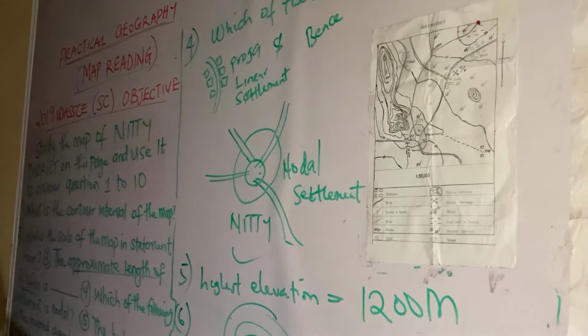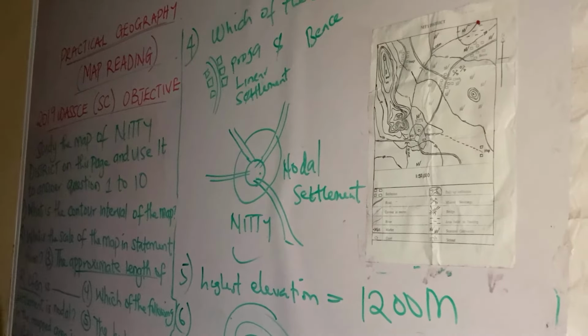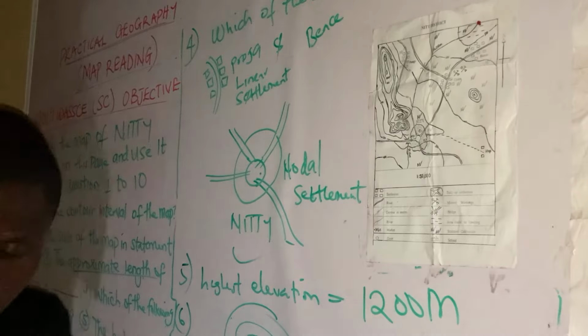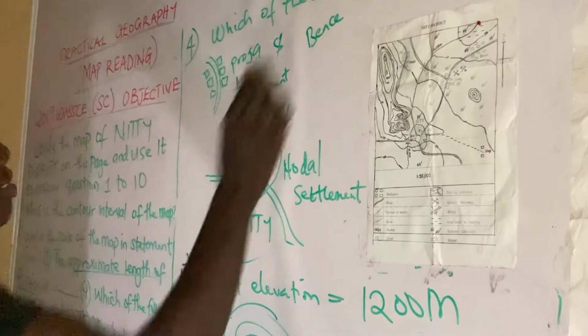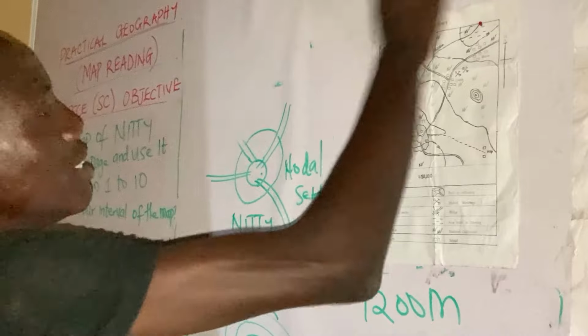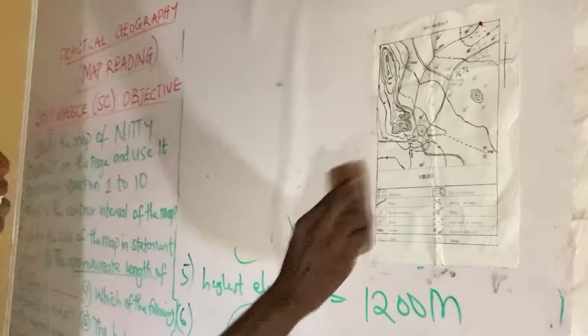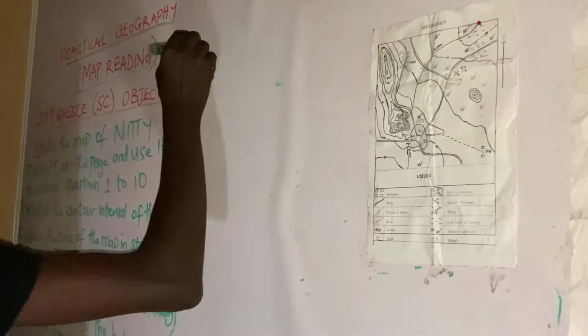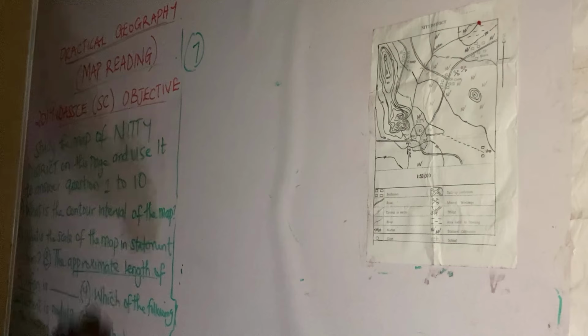So number 7. If the map of Niti district is reduced to half, and this is a reduction. If the map of Niti is reduced to half, this is taking us to reduction, although we are still going to do it very soon. But now, number 7 says, if the map of Niti district is to be reduced to half, what would be the new scale?